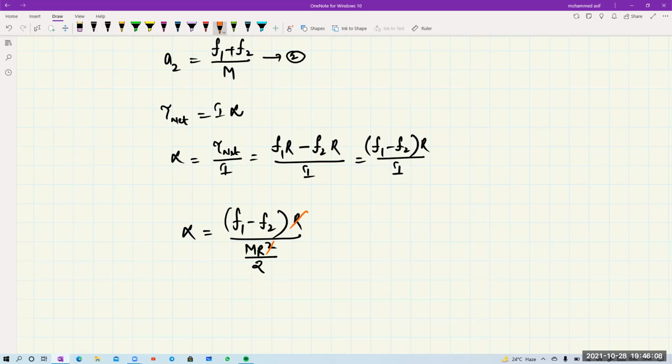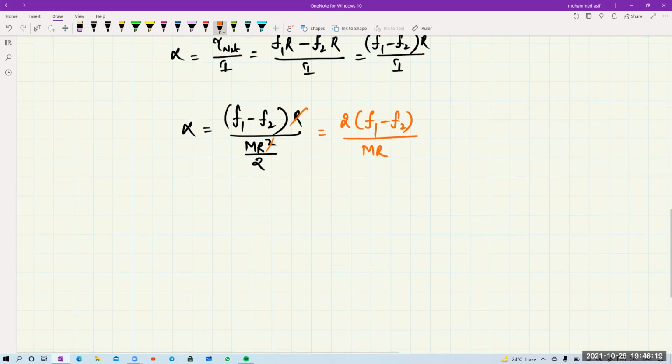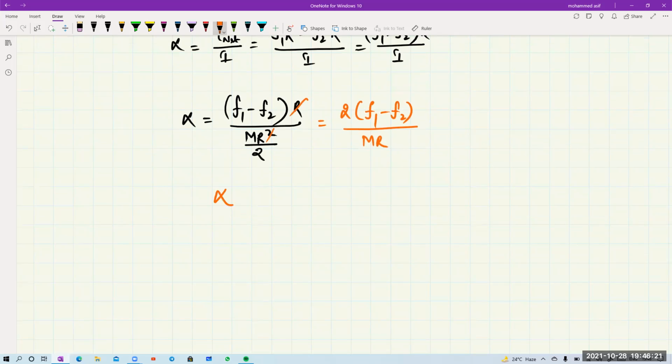Now one R cancels, so this will be equal to 2 times (F1 minus F2) divided by M into capital R. So alpha is equal to 2 times (F1 minus F2) divided by M into R.